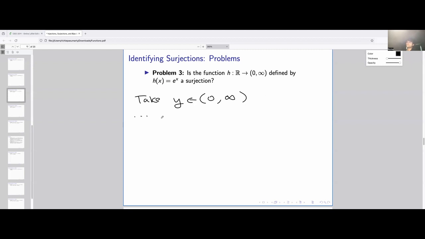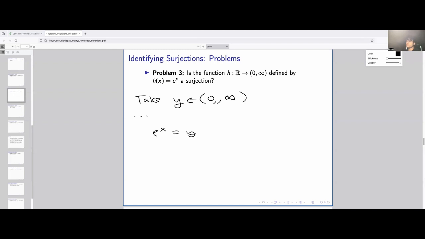In order to do that, we're going to try to solve e to the x is equal to y, right? If we can solve it, that means we found our x value, something which maps to y. And we can't take the natural log of negative numbers, but we can take the natural log of positive numbers.